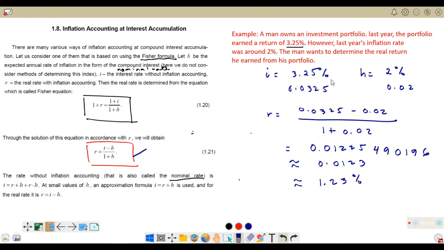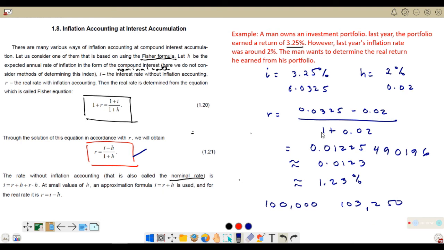Ang nominal rate mo, akala mo, kumita ako ng 3.25%. So, kung nagkaroon ka ng investment na 100, halimbawa, gawin natin 100,000. Meron ka ng 103,250. 'Di ba?